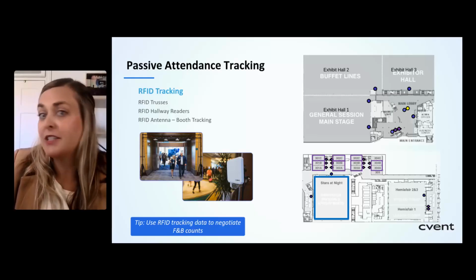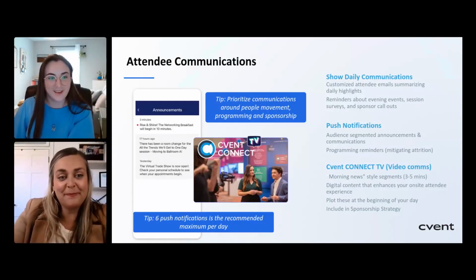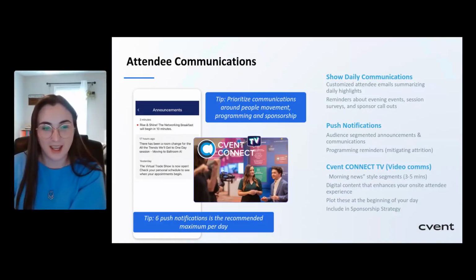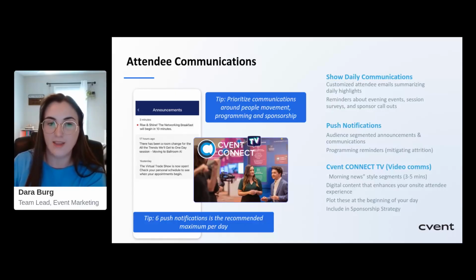And then passing it over to Dara on the attendee communication side. Yeah, so a little bit of what I talked about at the beginning where I mentioned those segments, this is when it really comes into play. There are a lot of different things that we do on the attendee communication front to drive behavior. Every day we do a show daily communication and a feedback daily. That means an email in the morning and then an email at the end of the day, directing people where to go, the biggest CTAs.